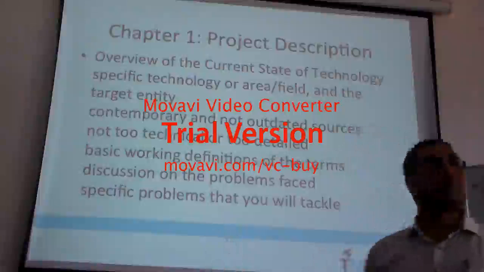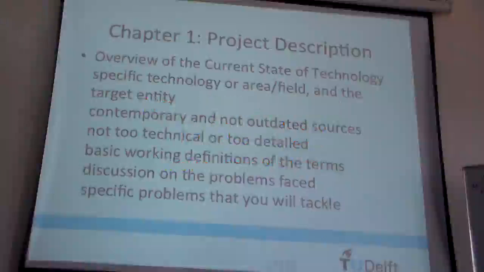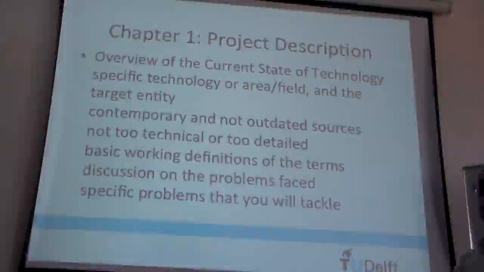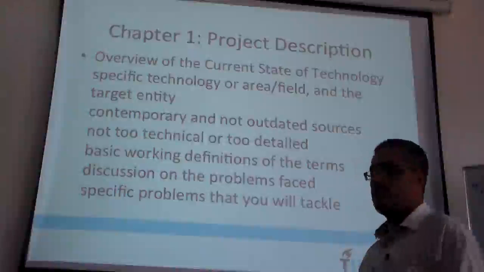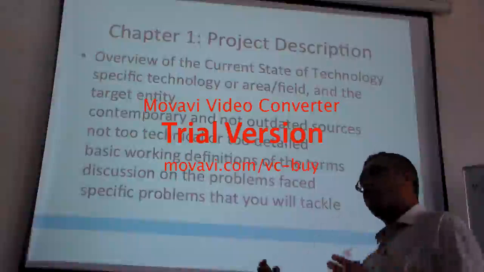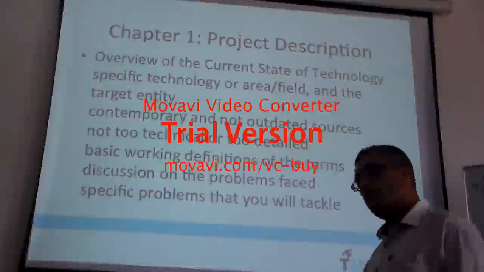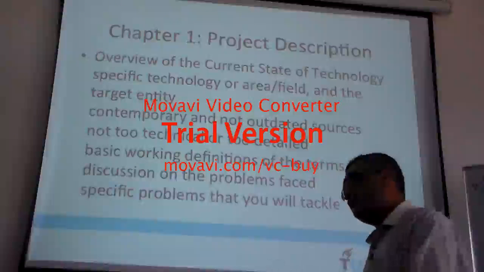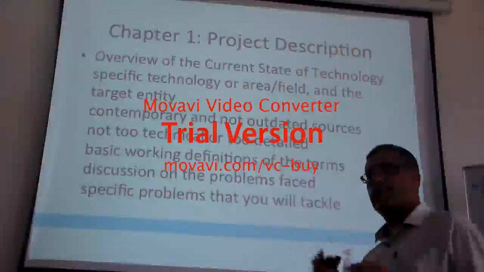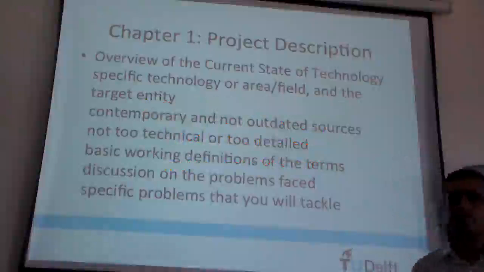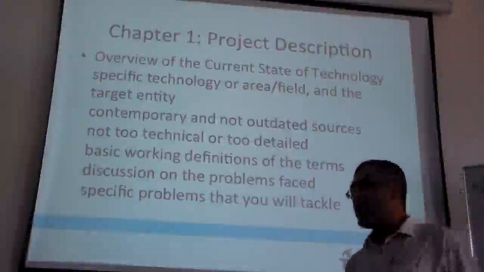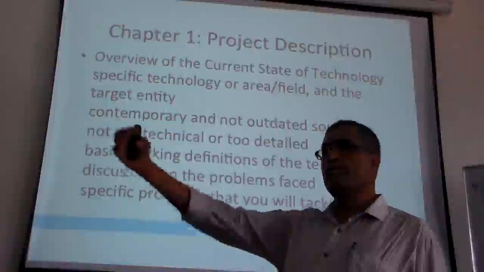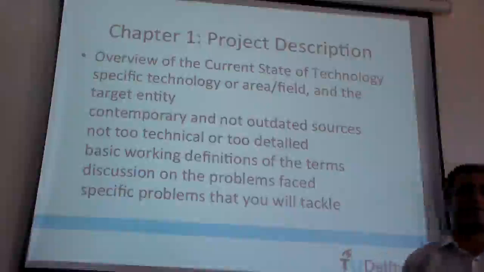For example, now we are in 2017. It's not logical to use references from before 2000, or sometimes before 2005, because your resources should be fresh, from the last 5, maximum 7, or 10 years.